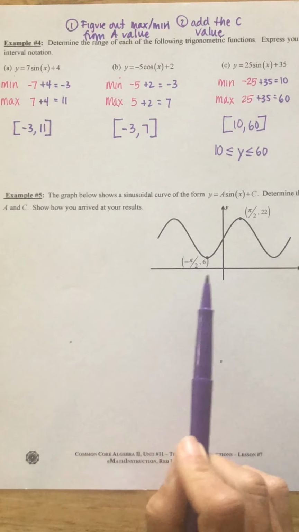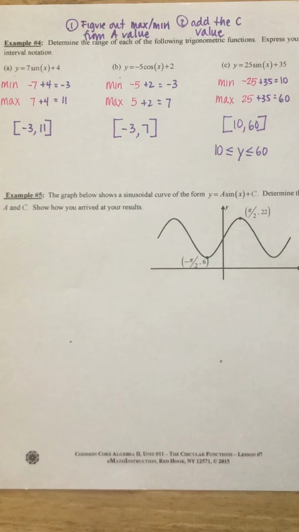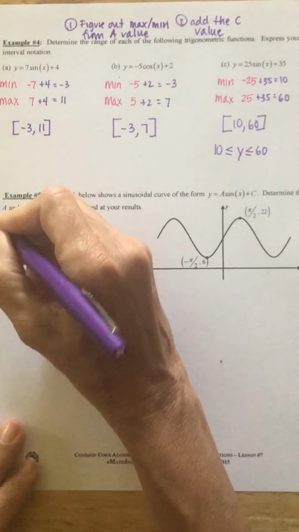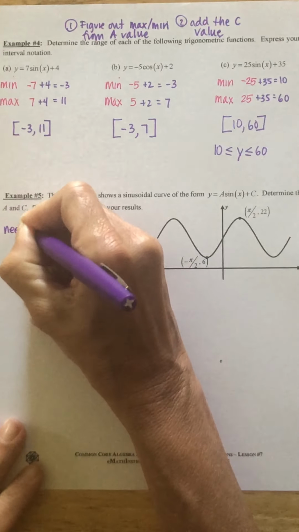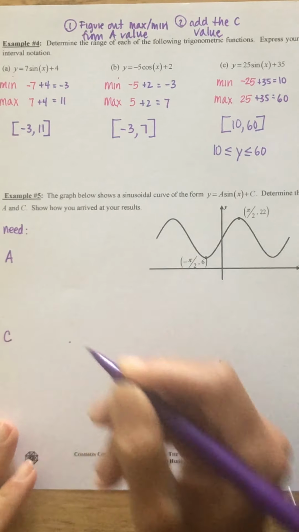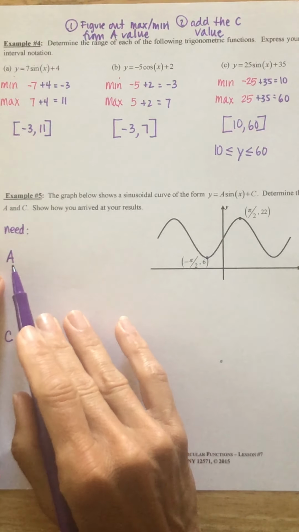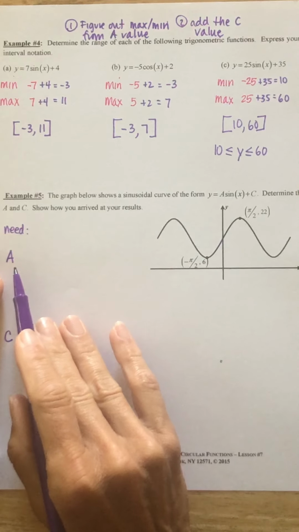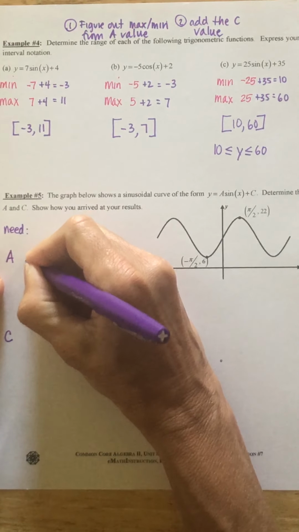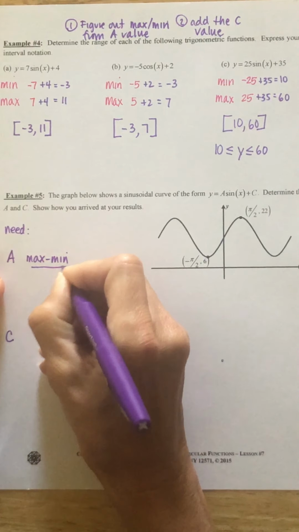This is where we're leading to in the grand finale. I'm going to give you values like this on a graph, and you're going to figure out what the equation is. Pretty cool. So we need two things. We need A, and we need C. Okay, so remember your A value. Your A value had the formula max minus the min over 2.